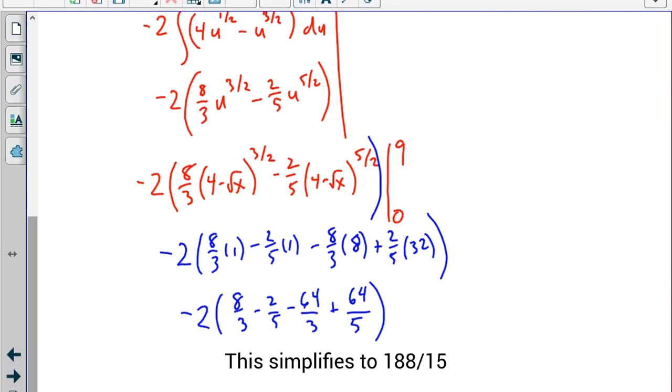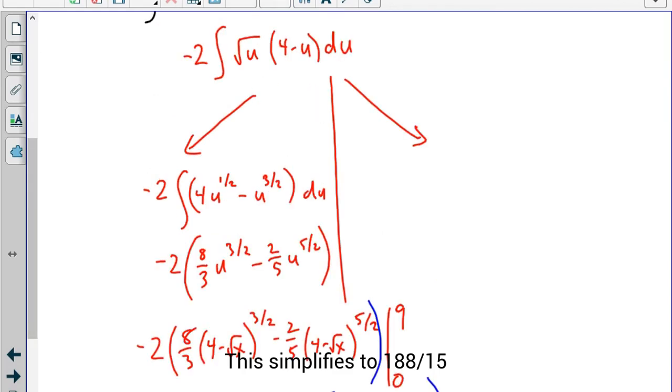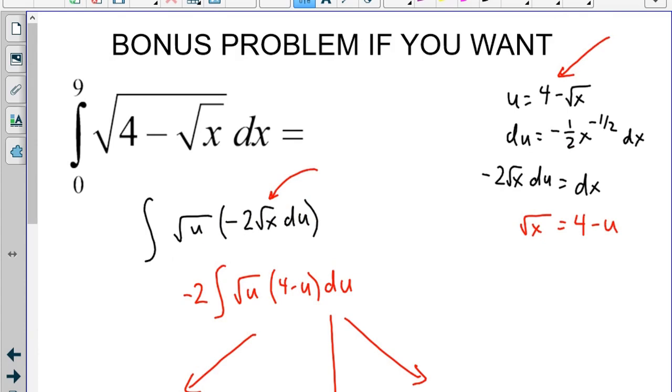The main thing that I want to do is show you that it's also the same to do it the other way. So how do we change the bounds in a problem like this? We can change the bounds because I have to take 0 and 9 in where x is.